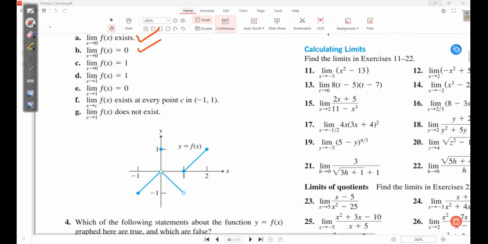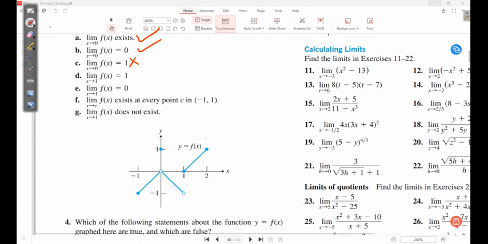So that's disagreeing with B, right? Yes. You're not even confident. It's contradicting the previous one. Yes. And then D, the limit as x approaches 1.